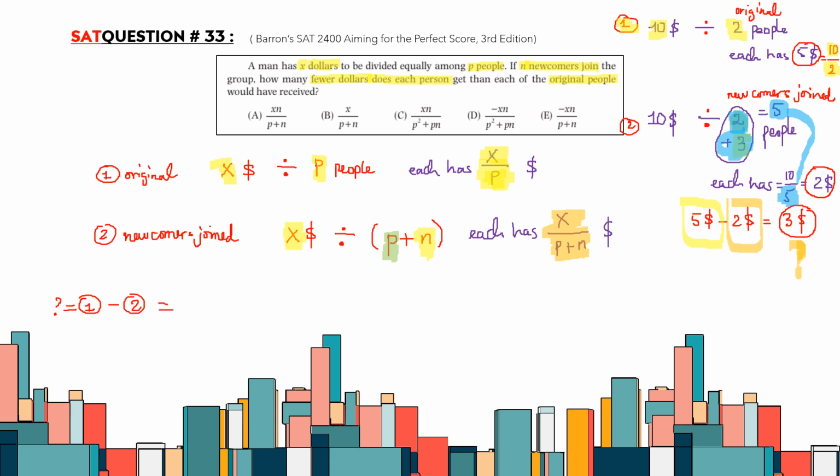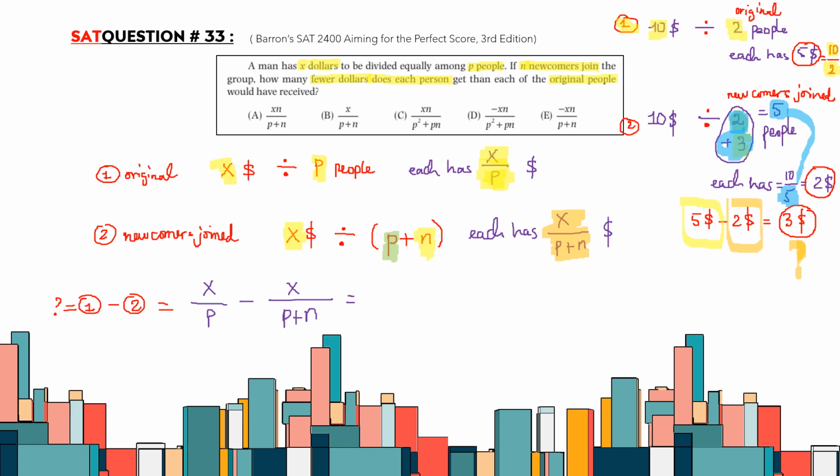So X over P, what each person originally received, minus X over P plus N, the amount each person receives after the newcomers join. Now we have two fractions with different denominators.